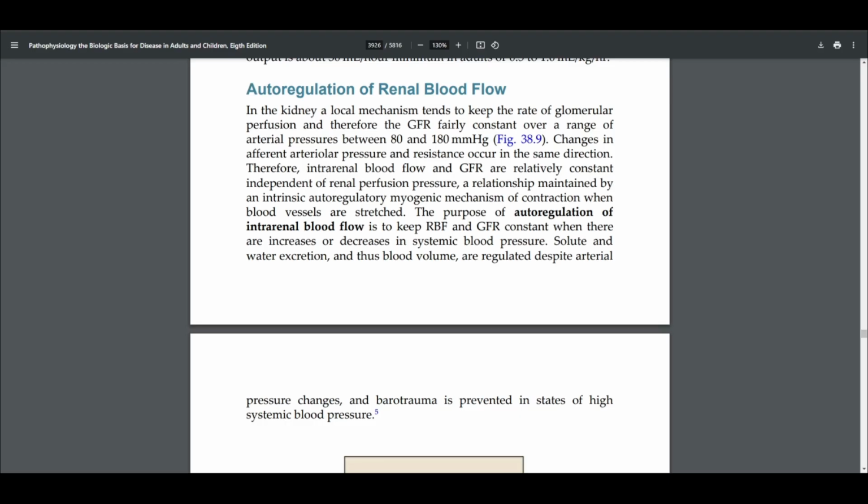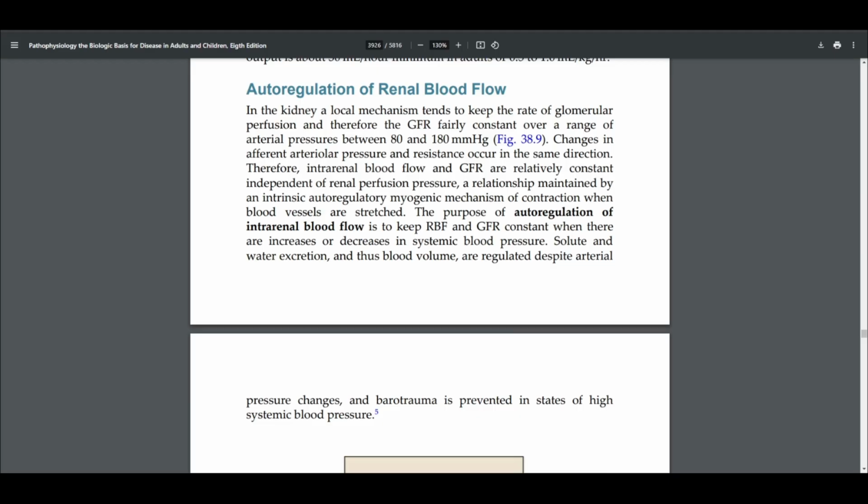Autoregulation of the renal blood flow in the kidneys, a local mechanism, tends to keep the rate of glomerular perfusion, and therefore the GFR, fairly constant over a range of arterial pressure between 80 to 180 millimeters of mercury.